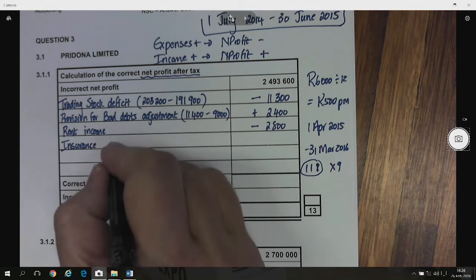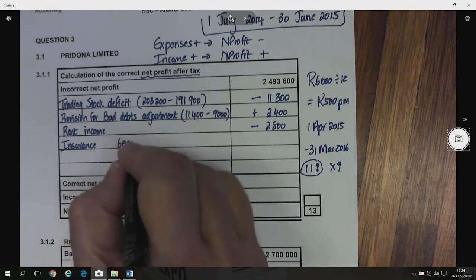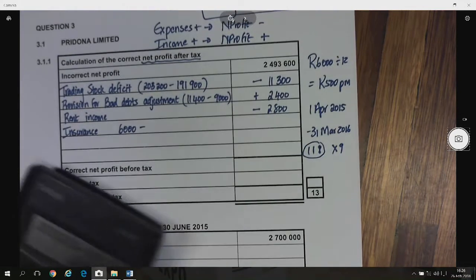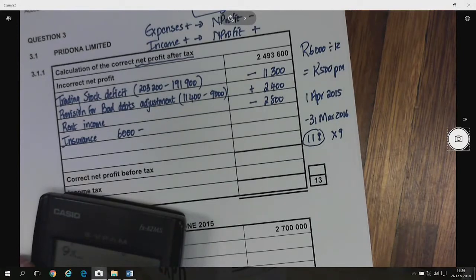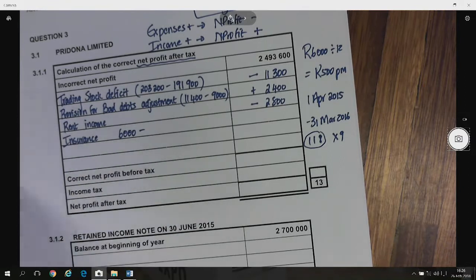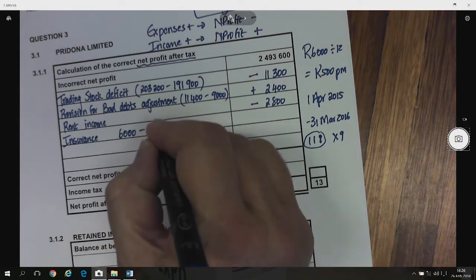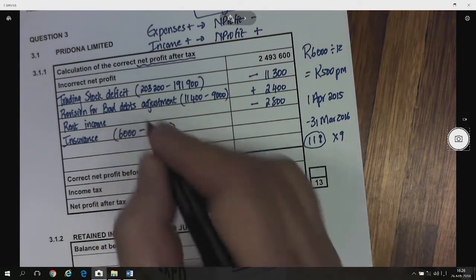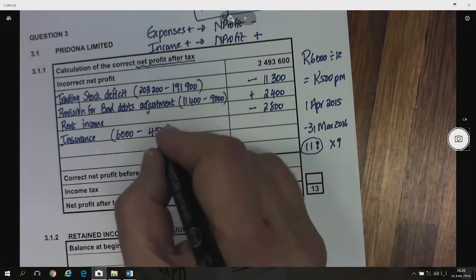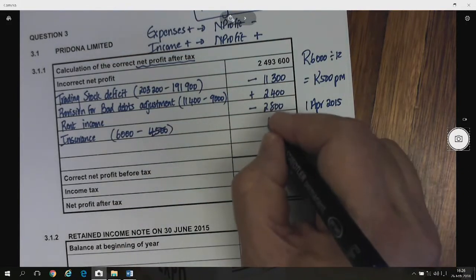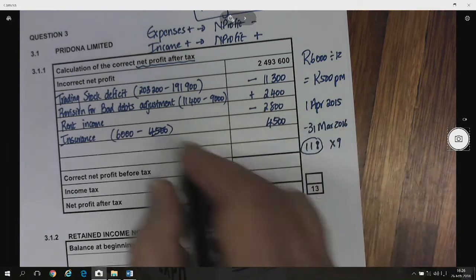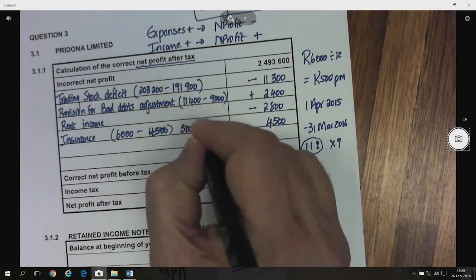The 6,000 rand was paid, but of that 6,000 rand, we must subtract 9 months. 9 months times 500 rand gives us 4,500 rand. It's 500 rand times 9 months.